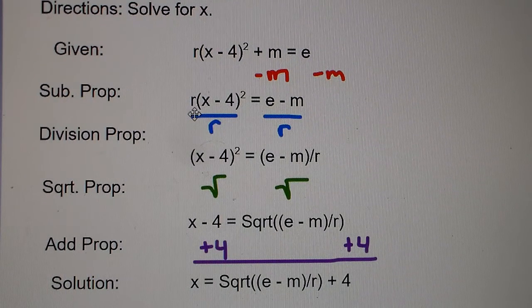The opposite of times r is divide by r, so I divide by r on both sides. And I get (x − 4)² is equal to (e − m)/r. To get rid of the squared, I do the square root on both sides.